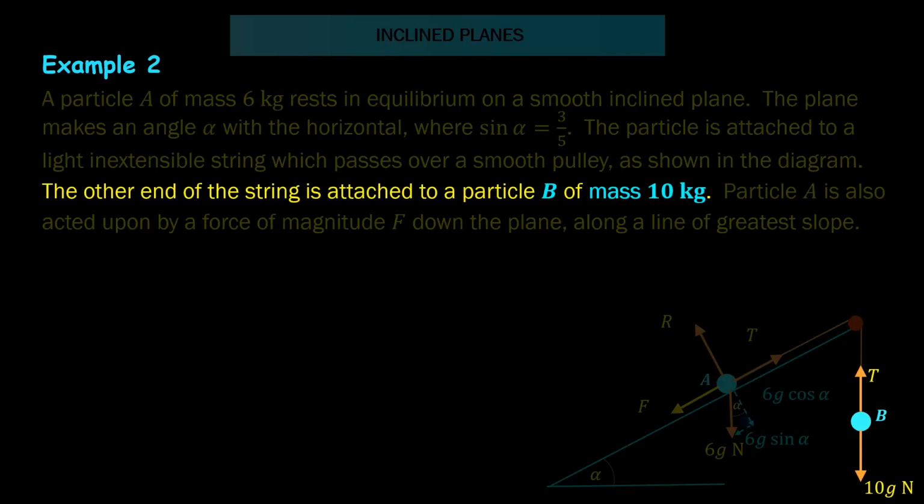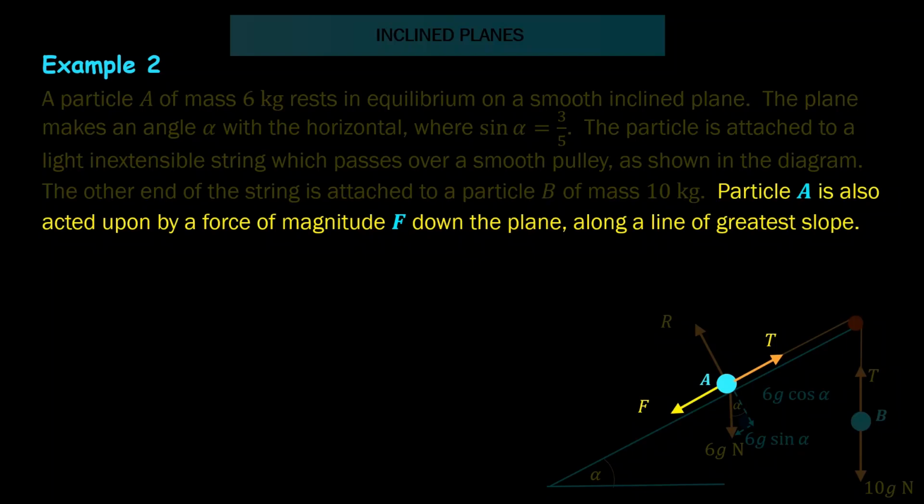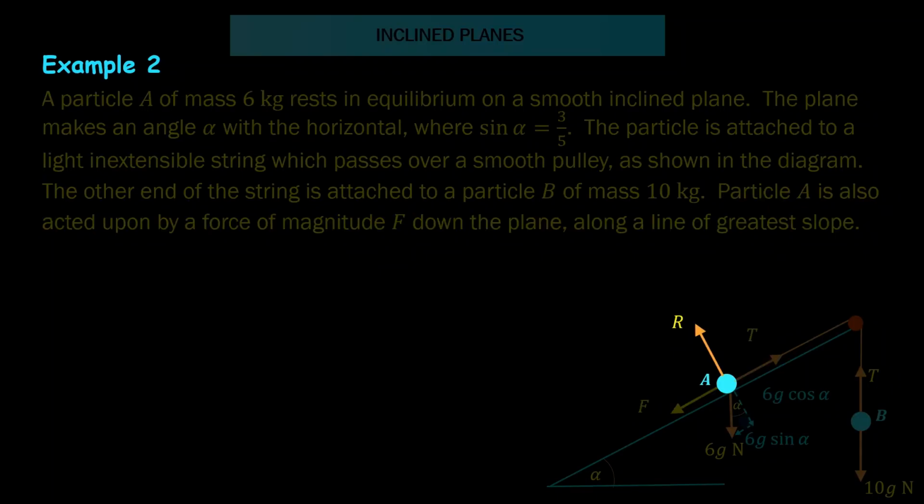And we also have the tension in the string T at particle B. And also on particle A, we have another force of magnitude F newtons acting down the plane along a line of greatest slope, as shown here, along with the tension T in the string. And here's our reaction force at A.